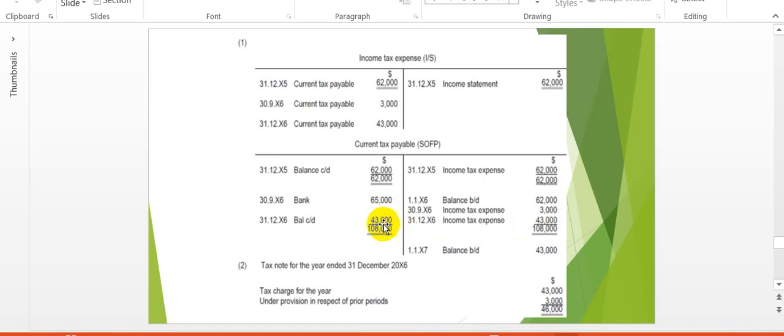So this 43 is carried forward in 20X7 as the opening balance, and it will be paid in 20X7. At the end of 20X6, it's just closed up, and the liability created in the statement of financial position.